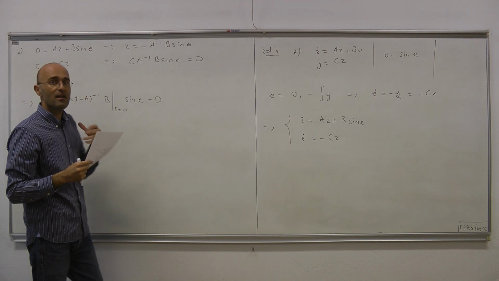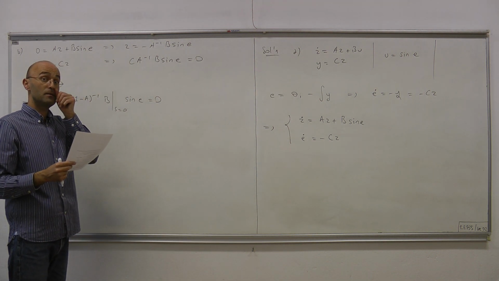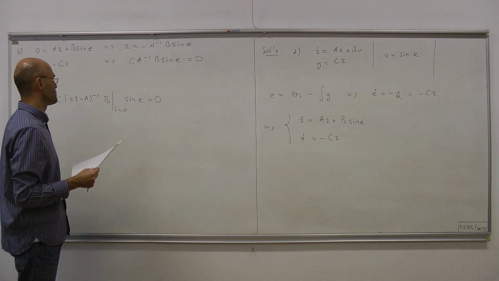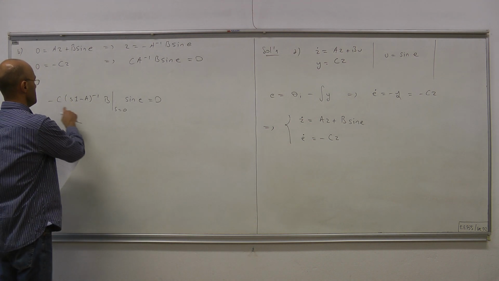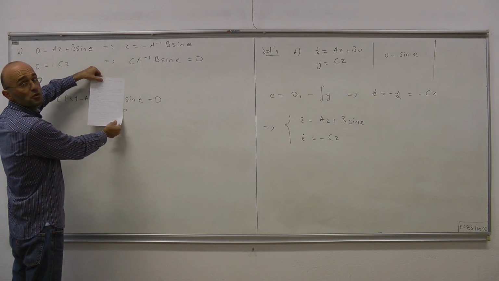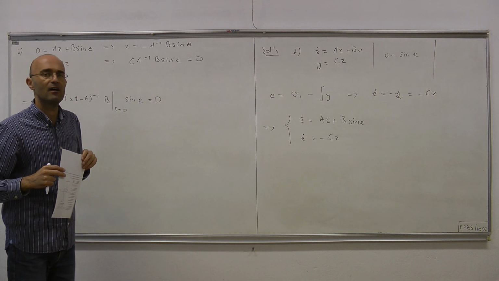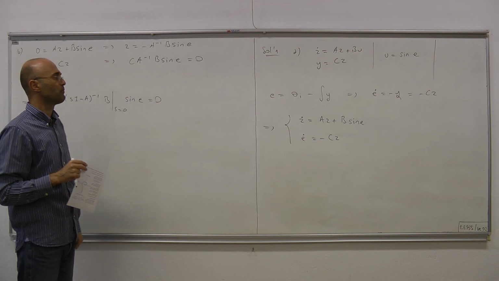We don't know exactly what that value is, but we know that it is different than 0, because we're given that in the problem description. If that's different than 0, this equation is satisfied only for sine E equals 0. And that will give us what E should be at a possible equilibrium point.